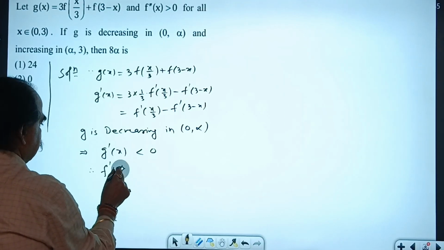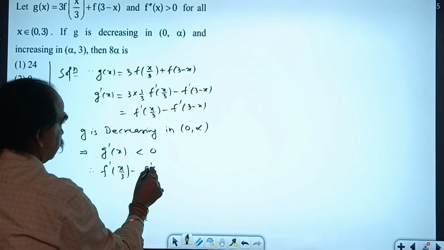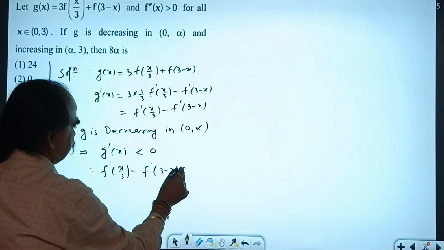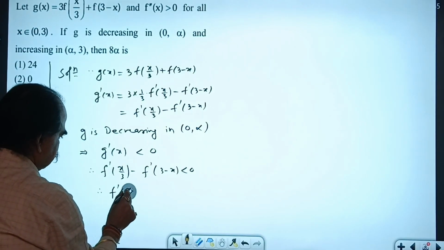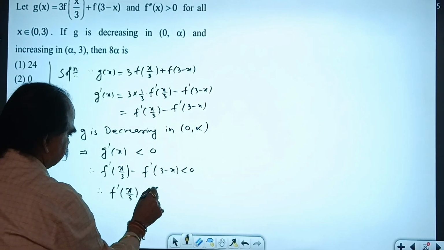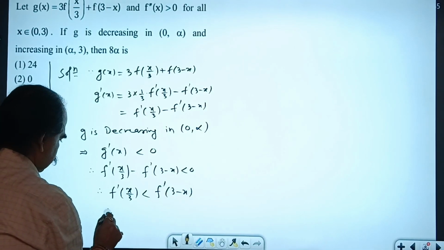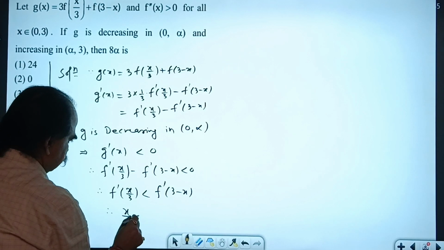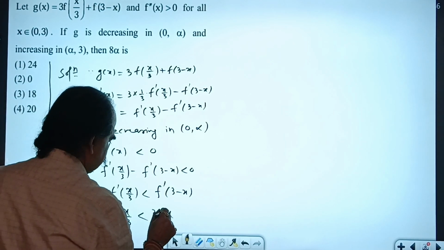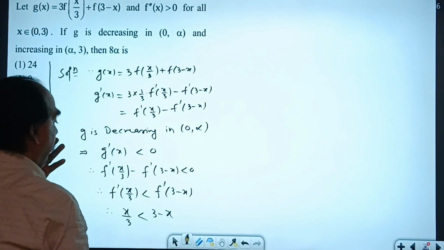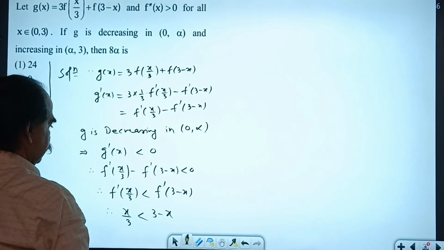So f dash x by 3 minus f dash 3 minus x is less than 0, so f dash x by 3 is less than f dash 3 minus x. So x by 3 is less than 3 minus x, as f dash x is increasing.